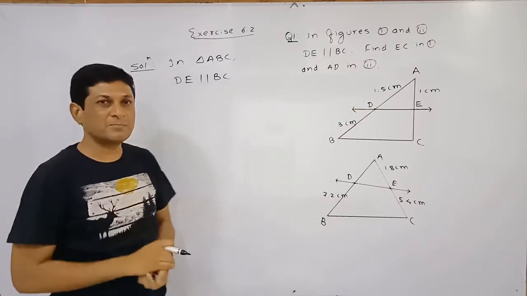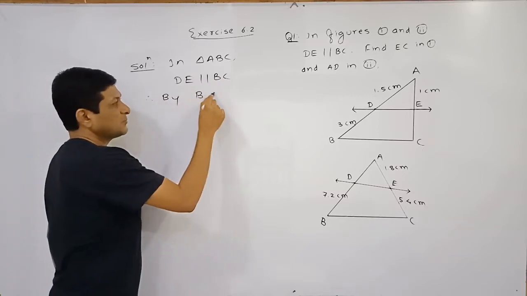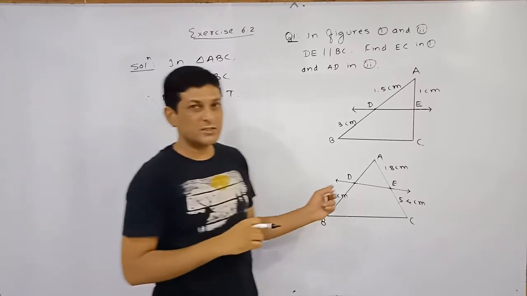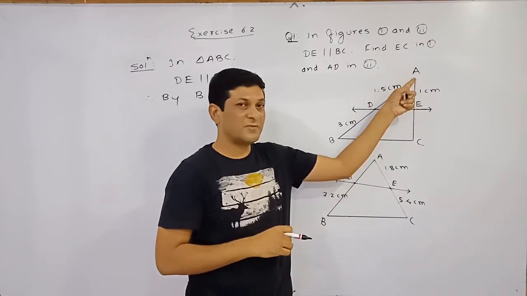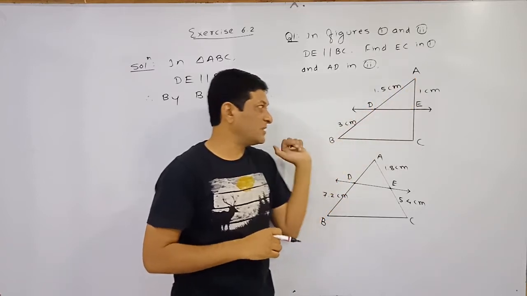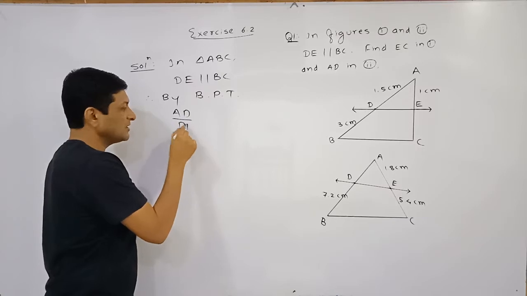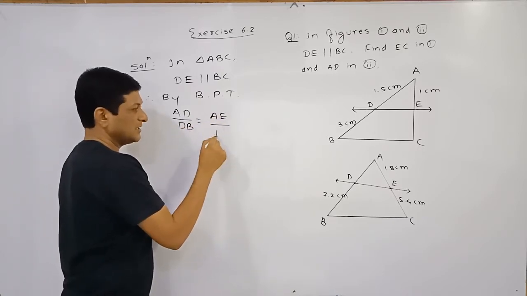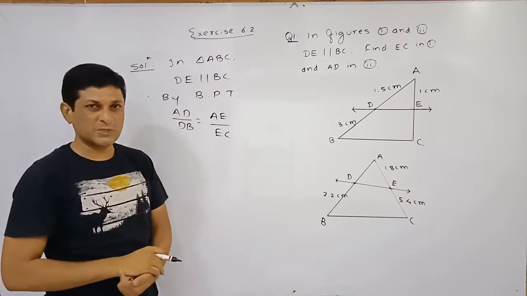Then applying basic proportionality theorem, so therefore by basic proportionality theorem, what result are we getting? It divides other two sides in equal ratio. So what are the two parts of one side? AD and second is DB. So ratio of AD and DB will be equals to AE upon EC. So well, this result we have got applying basic proportionality theorem.